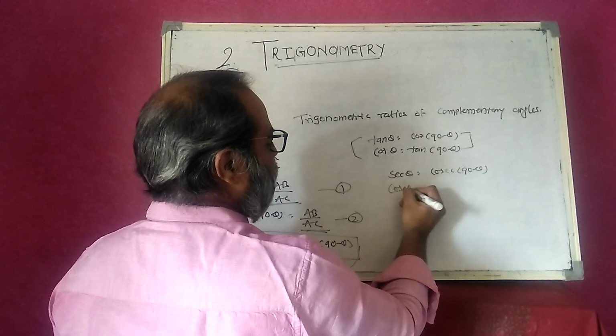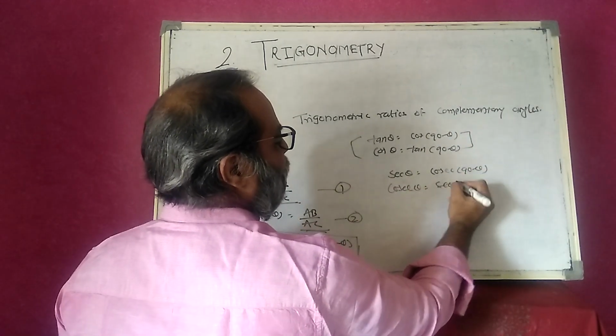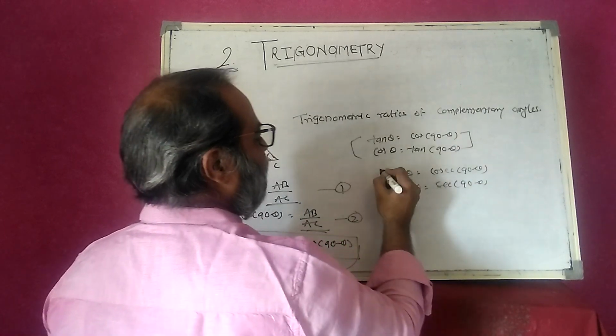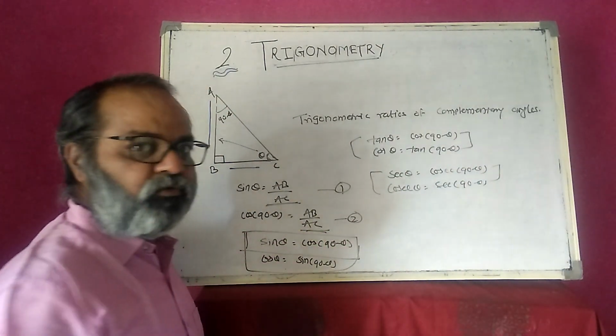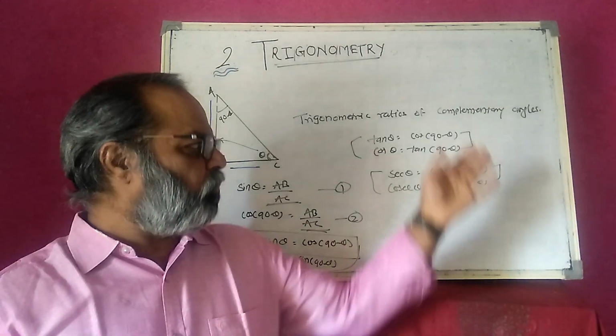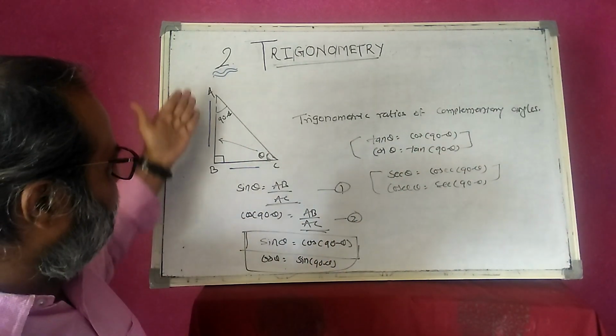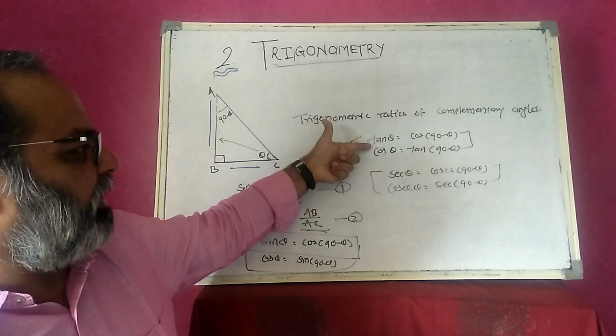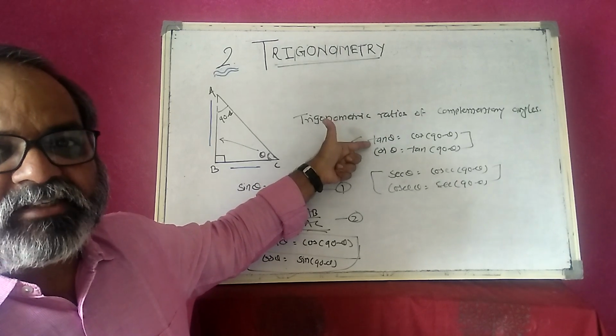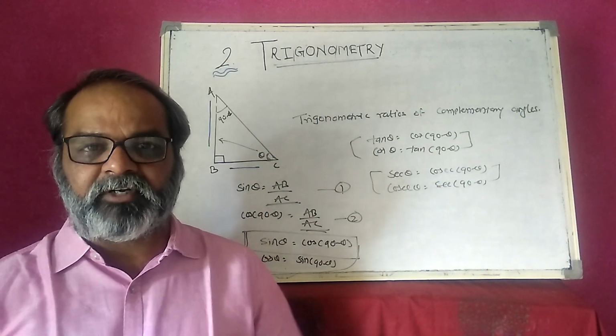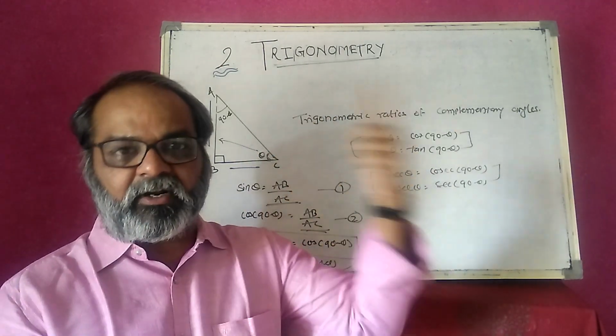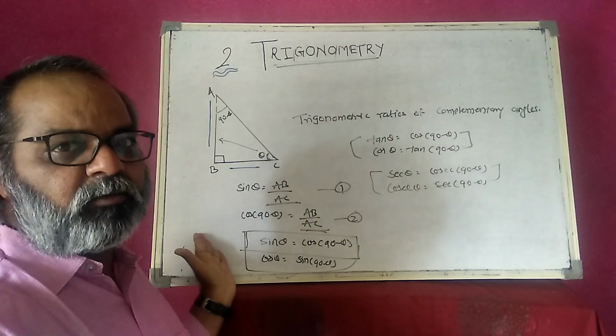And cosec theta is sec of 90 minus theta. Okay, so this is the third pair of complementary angles. If you want to prove this one, you just go through the same method. Take tan theta, it is opposite upon adjacent. Cot theta, adjacent upon opposite. Take one angle theta, one angle 90 minus theta, and you just prove it.